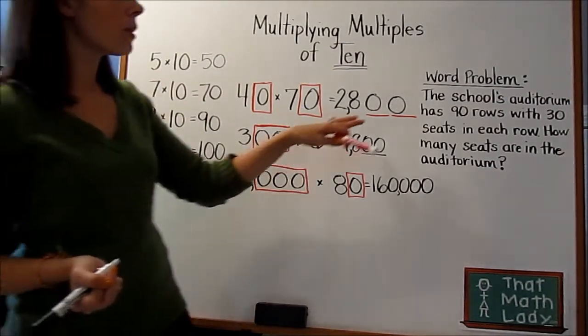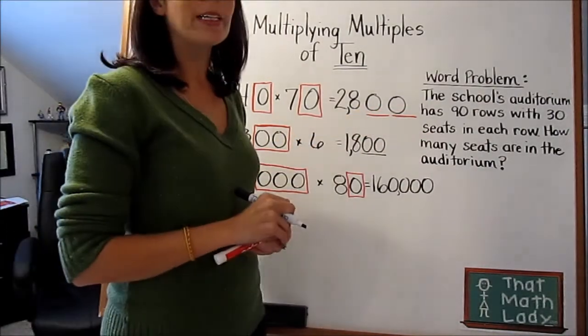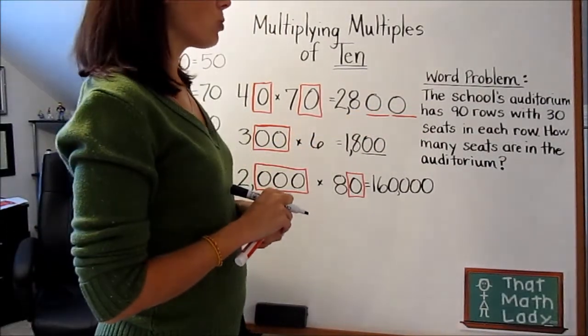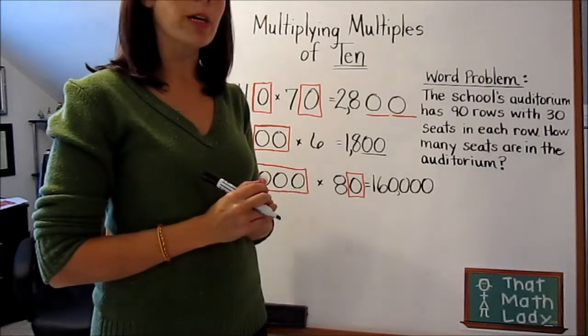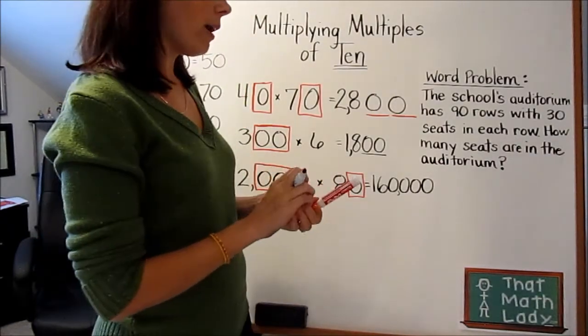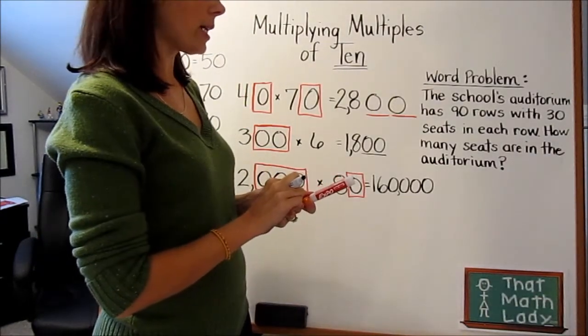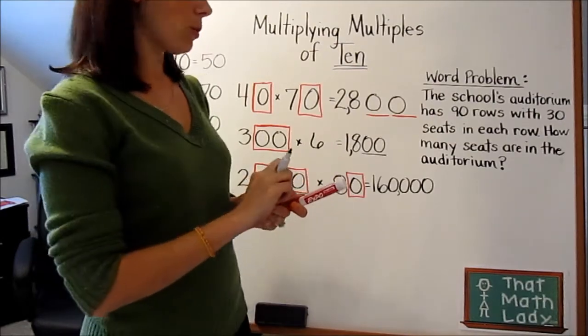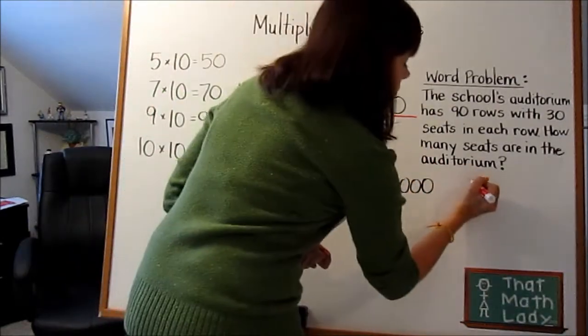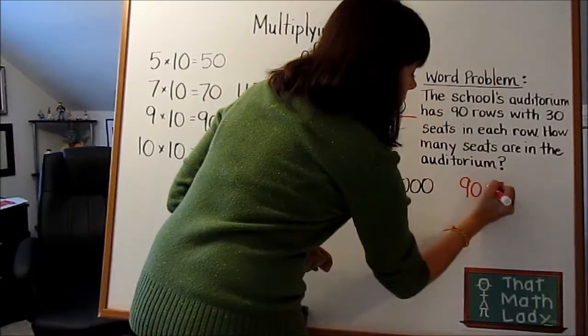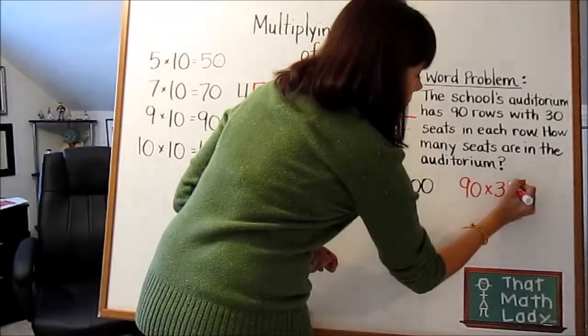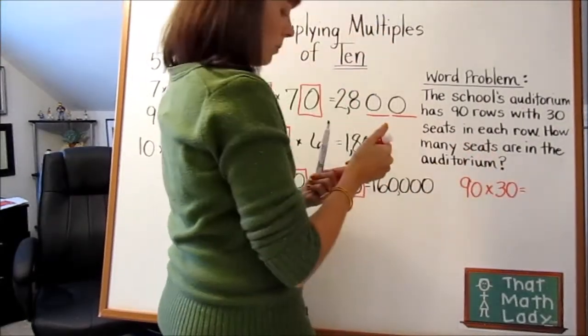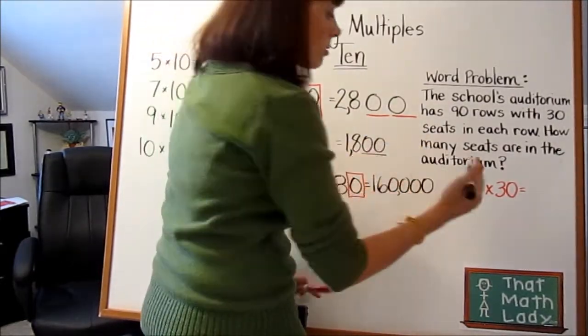Okay? You can use this and apply it to word problems too. Here's an example. The school's auditorium has 90 rows with 30 seats in each row. How many seats are in the auditorium? Well, to figure it out, you just take your two numbers, 90 and 30, and we're going to multiply them. Take off our zeros.